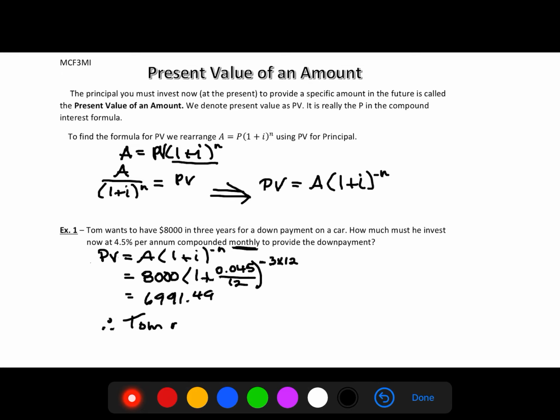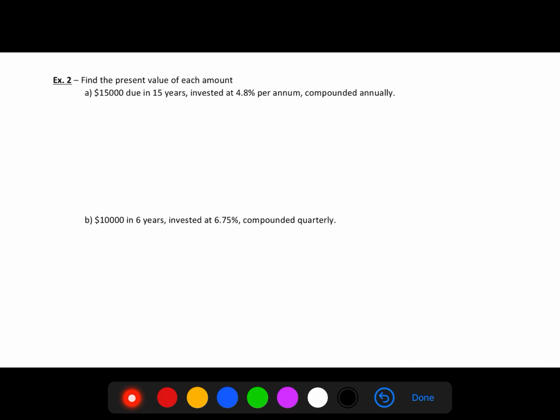Once we get that answer, then we're going to multiply by our 8,000 and we get 6,991.49. And we want to have a therefore statement. So Tom needs to deposit, with our dollar signs and our 2 decimal places, $6,991.49 now.